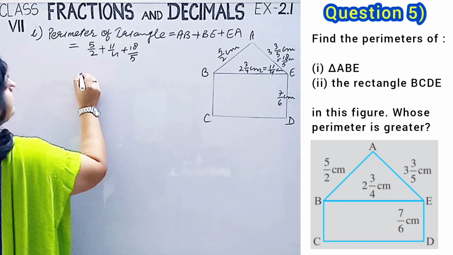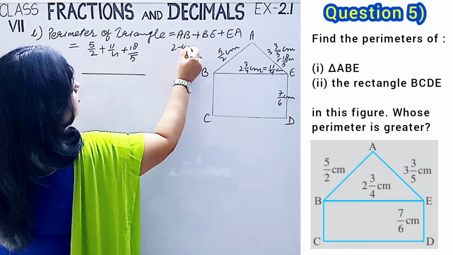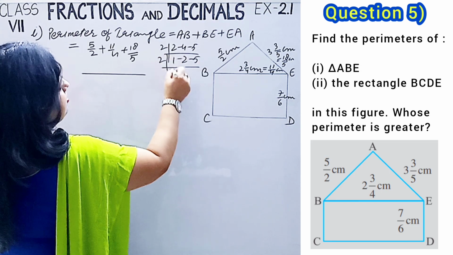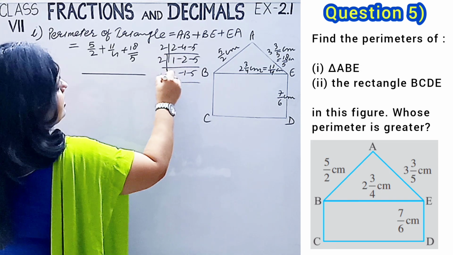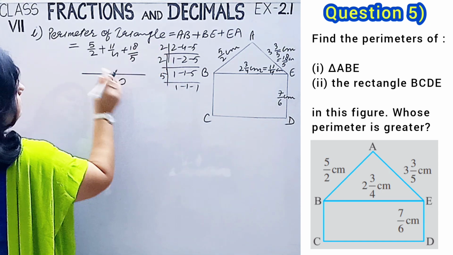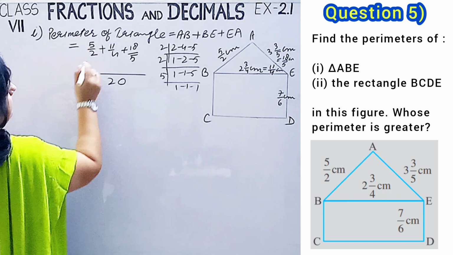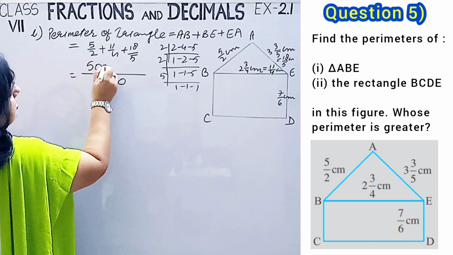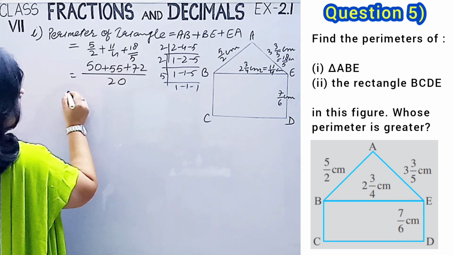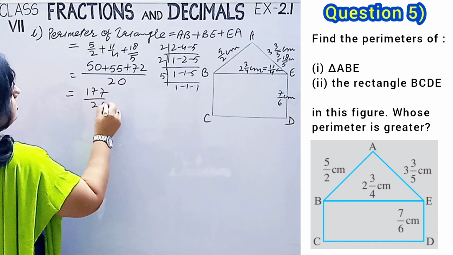Taking the LCM of 2, 4, 5, it is 20. Divide 20 by 2, then multiply the result with 5. So we get 50 plus 55 plus 72. After adding these three numbers, we get 177 upon 20 centimeter.